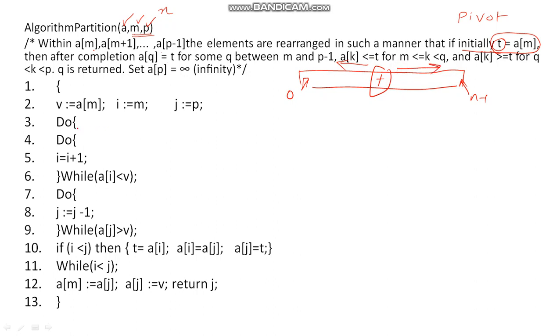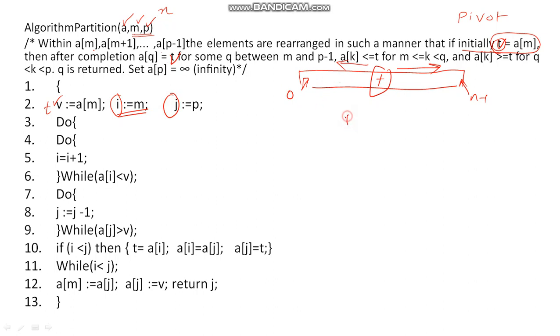So let us say v is equal to a[m]. Actually, instead of t, it should be v. So v is the pivot element, v is equal to a of m. i is equal to m, the lower index, and j is equal to p, the higher index.